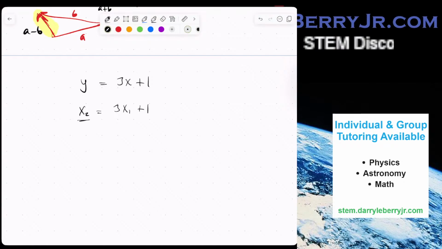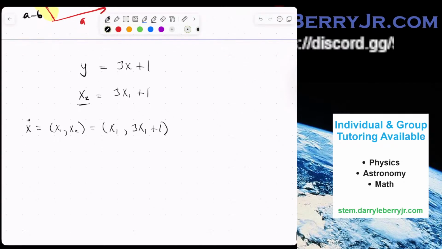So now we have a value for x2. So we can say x as a vector equals x1, x2 equals x1, 3x1 plus 1.